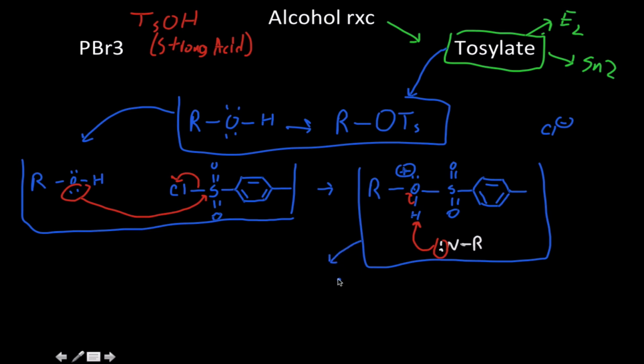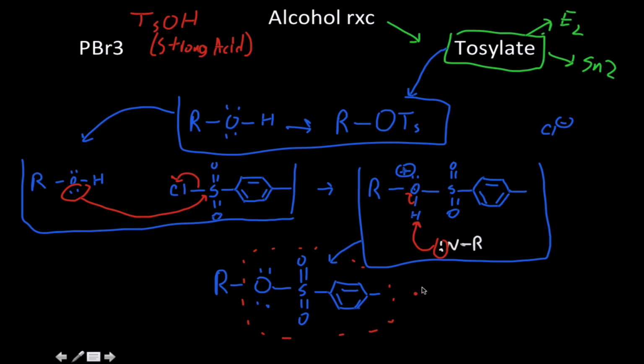Kind of running out of room, to be honest with you. And what we have here is RO, S. That pyridine's already deprotonated it, but hopefully this looks familiar to you, this thing right here, this neutral oxygen attached to a, this is our ROTS.